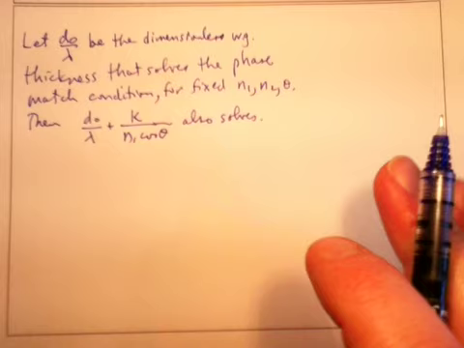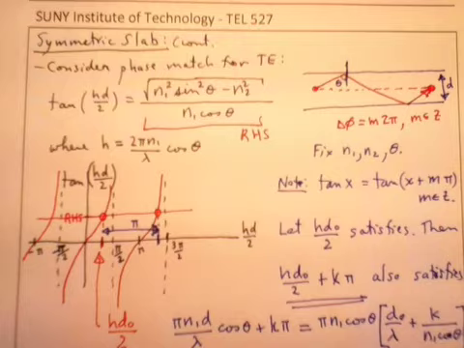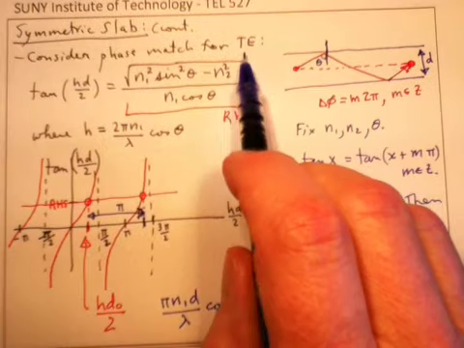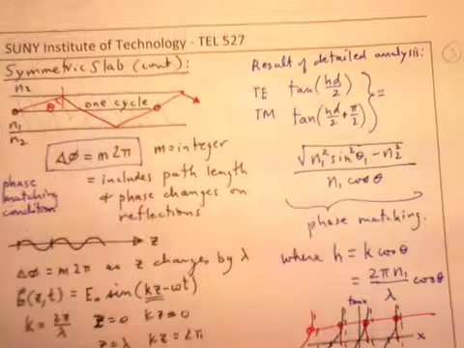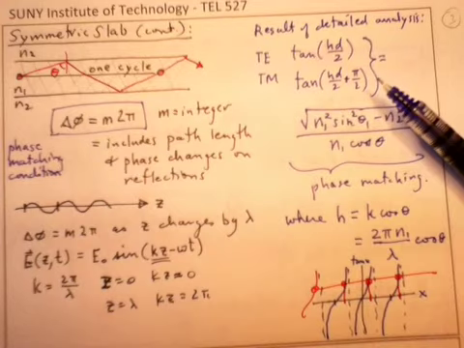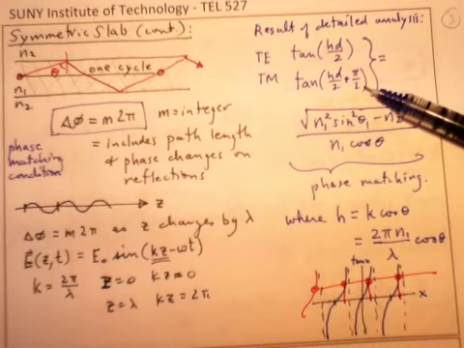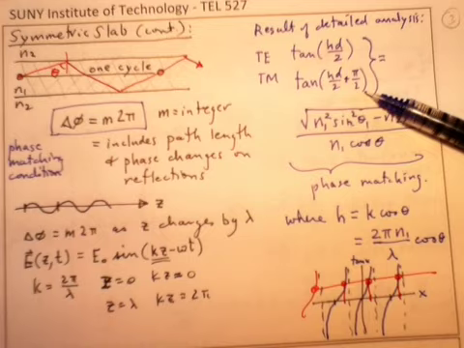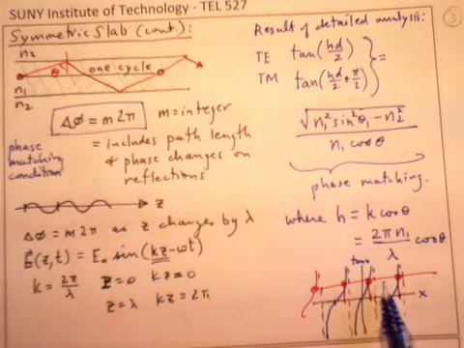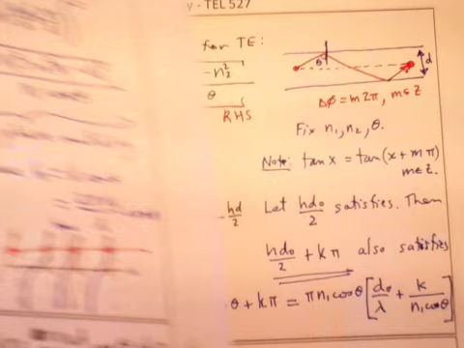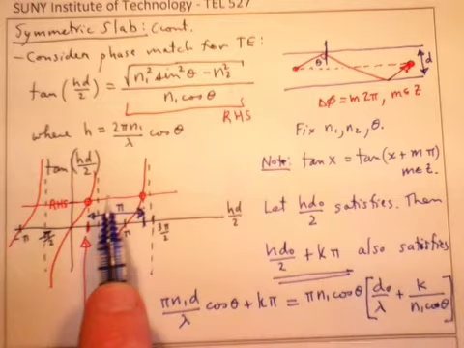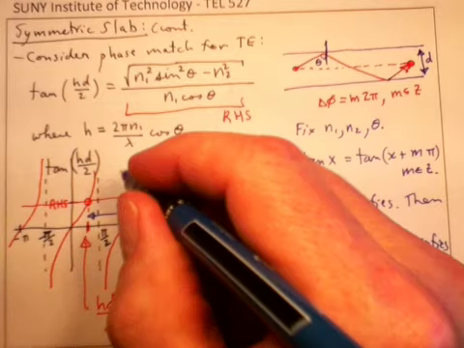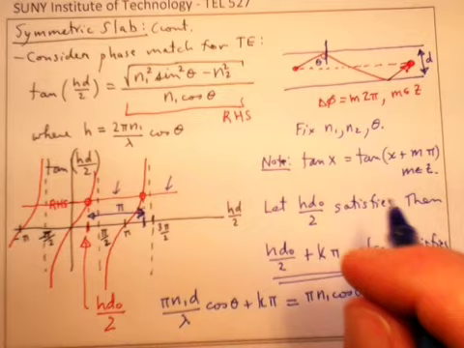Okay, so this is the important result, and it turns out this is the result only for the TE waves. It turns out that the TM solution happens to be the same equation except with this plus pi over 2 in it here, so you can see that the whole thing is shifted pi over 2 over. In other words, it's shifted over just half of a notch here. And what happens is that the solutions for the TEs fall on these spots here, and the solutions for the TMs are going to fall in between those places.